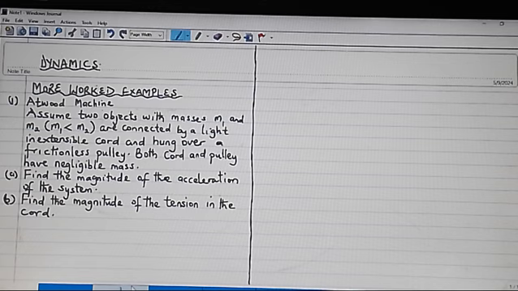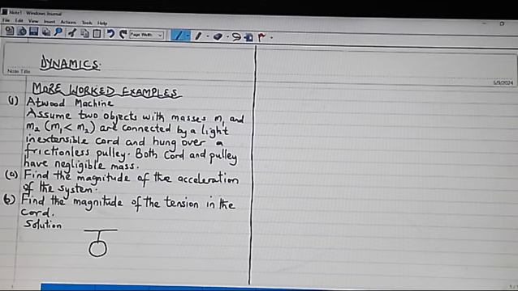First and foremost, to tackle this problem, we are going to draw a simple sketch to illustrate the information given. So we take our solution. Let this act as the pulley.